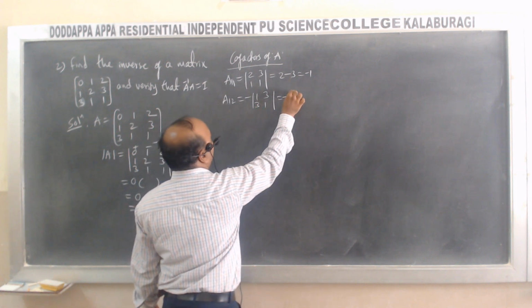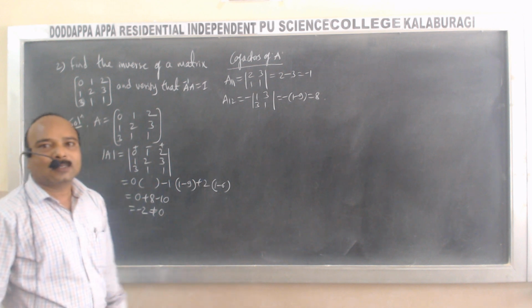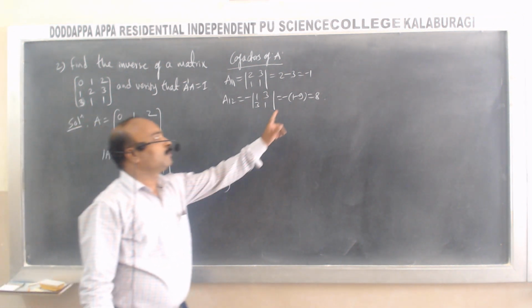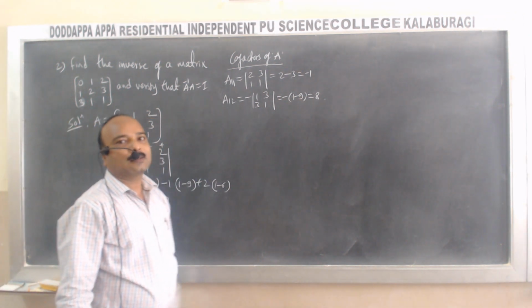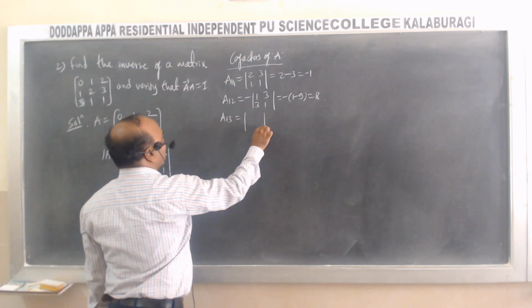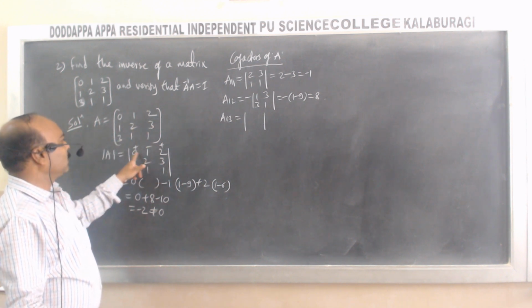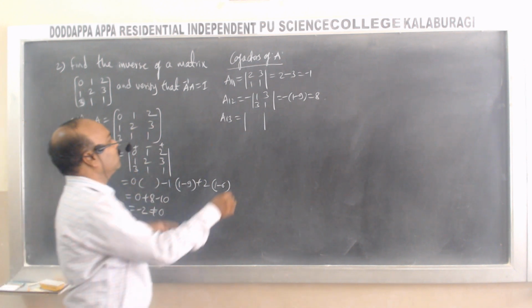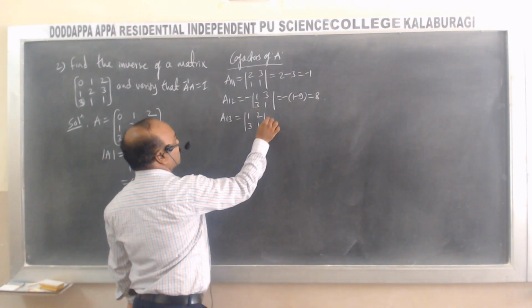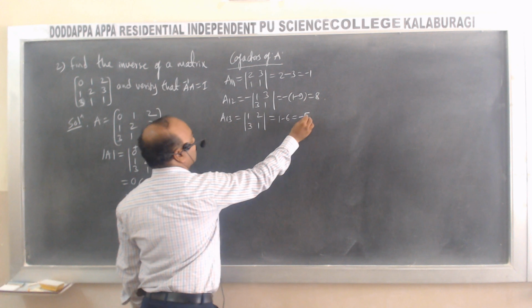So it is minus of 1 minus 9, it is equal to 8, because 1 minus 9 is minus 8, into minus is plus 8. Next A13, it is determinant of 1, 2, 3, 1, after deleting this column and this row. So it is 1 minus 6, it is minus 5.